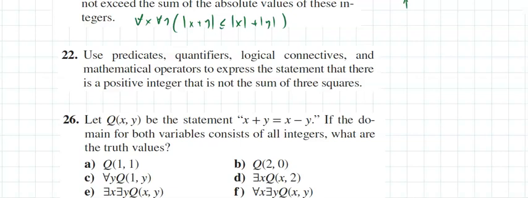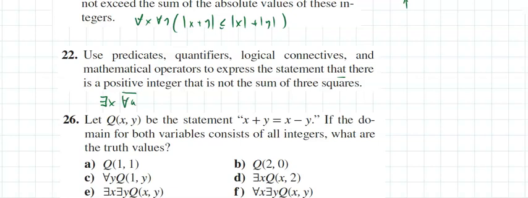Now if I look at number 22, use predicates, quantifiers, and mathematical operations to express the following statements. Okay, there is a positive number that is not the sum of three squares.